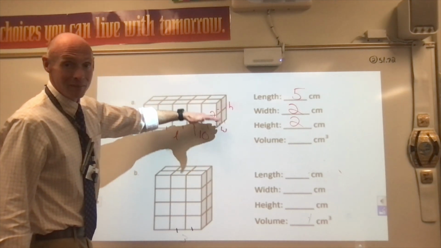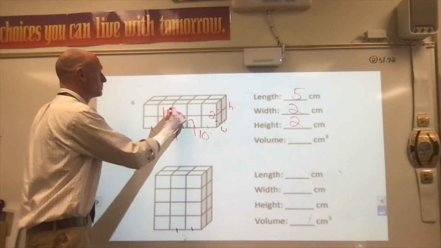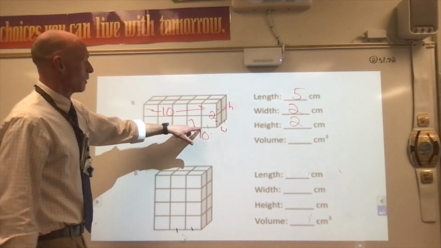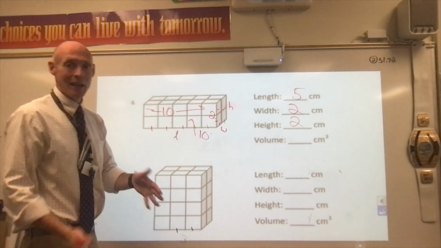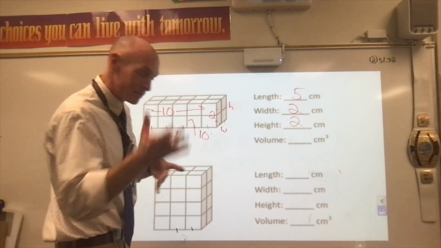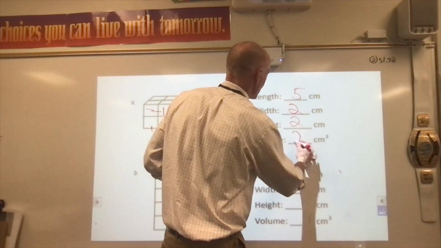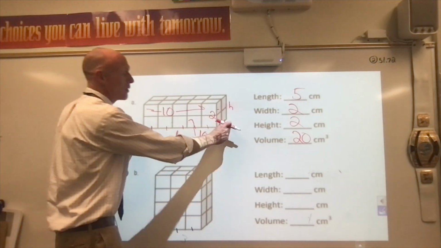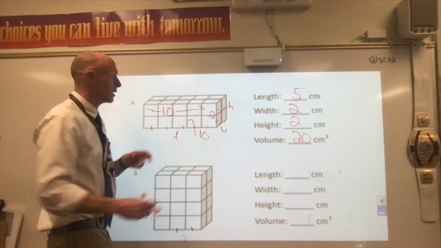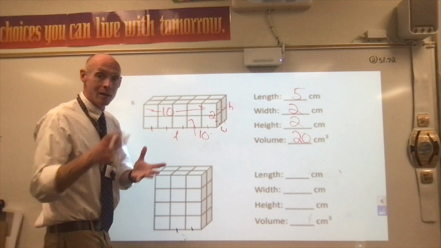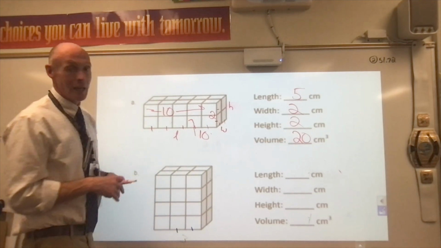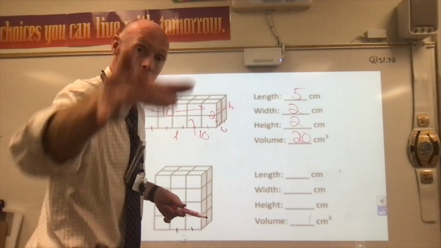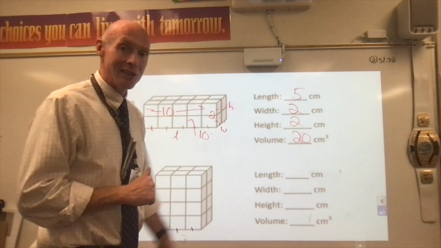If that one has 10, this one also has 10. So 10 plus 10 is going to be 20. All I did there was figure out how many were on the bottom layer, 10, and how many are on the top layer, 10. Put them together.